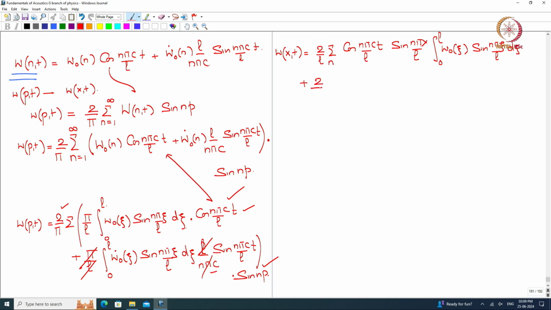So, I get 2 by pi c summation over n equal to 1 to infinity 1 over n, then sine n pi c by L t, sine n pi x by L, then integral 0 to L w dot 0 of xi sine n pi xi over L d xi.